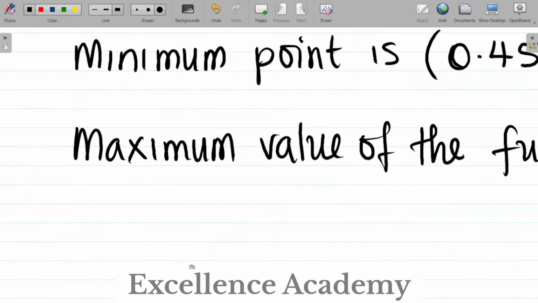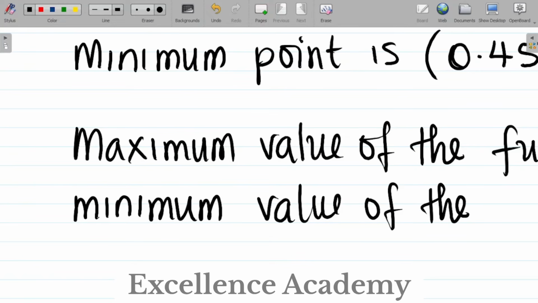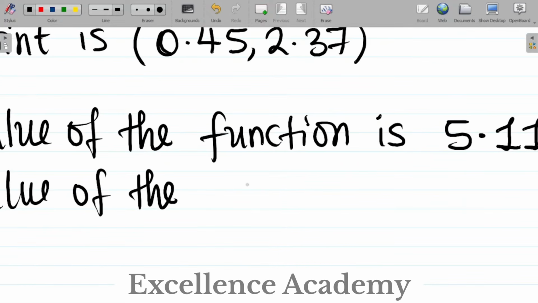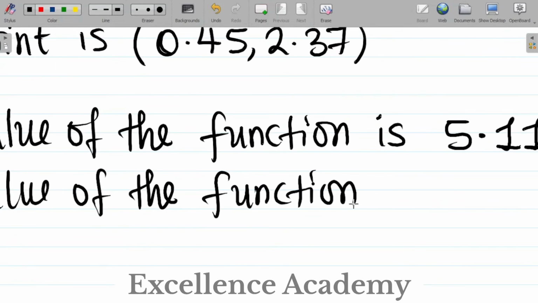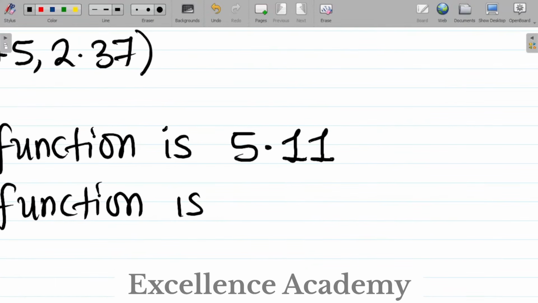Similarly, the minimum value of the function is the value of y at the minimum point or the minima, which is 2.37. So basically, this is how we solve this question.